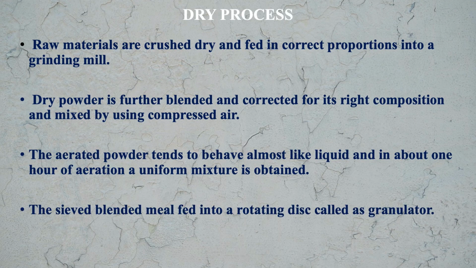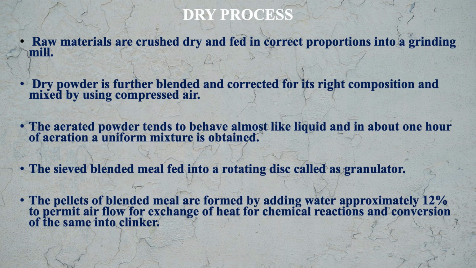Then the sieved blended meal is fed into a rotating disc called the granulator. Now it goes to the granulator. Then pellets of the blended meal are formed by adding approximately 12% water, to permit airflow for exchange of heat for chemical reactions and conversion of the same into clinker.